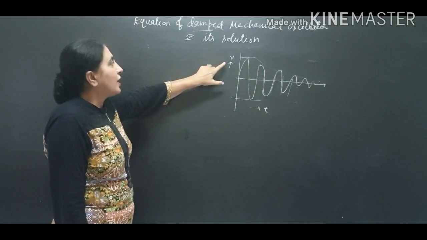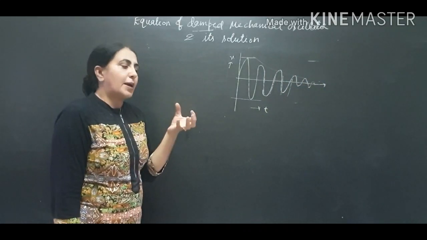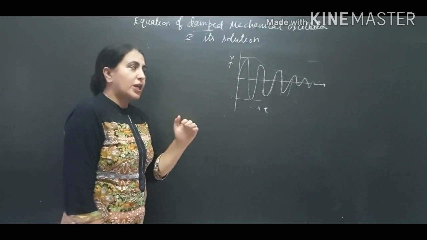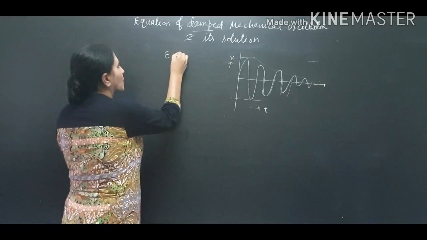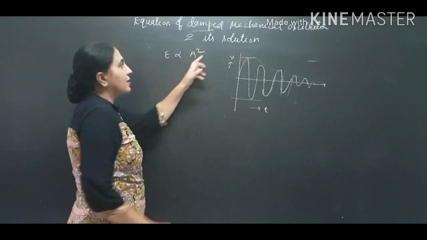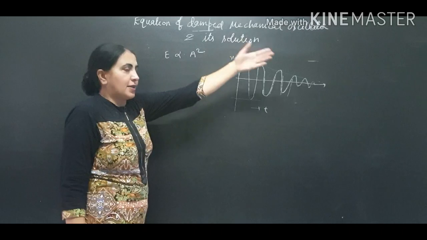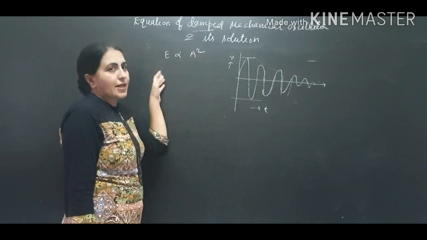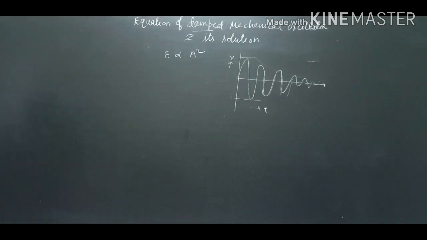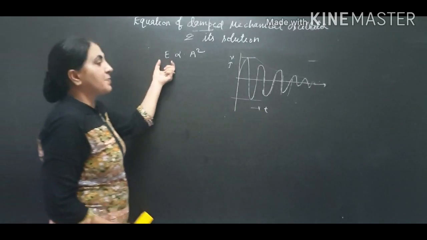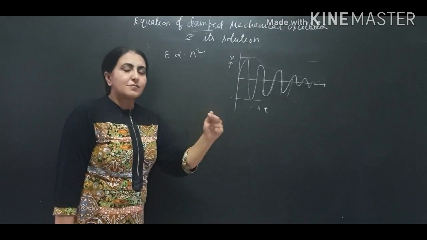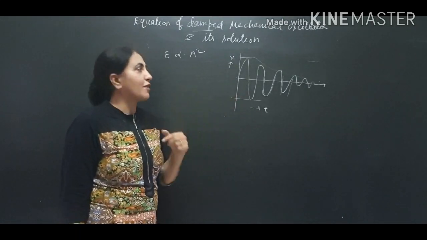Clear? So damping occurs when amplitude decreases, but we know that energy is directly proportional to amplitude square, as we have done in the last lecture on mechanical oscillator. If amplitude decreases, then energy decreases, and if energy decreases, it means there is a dissipation of energy.